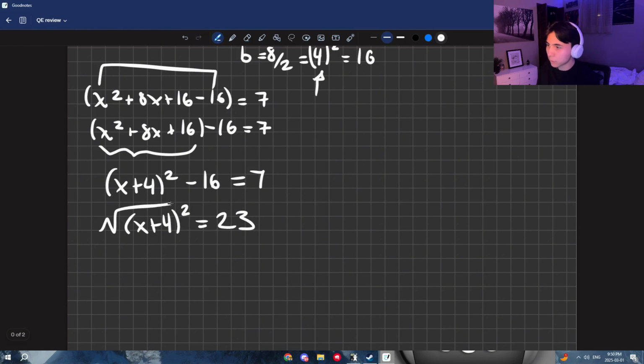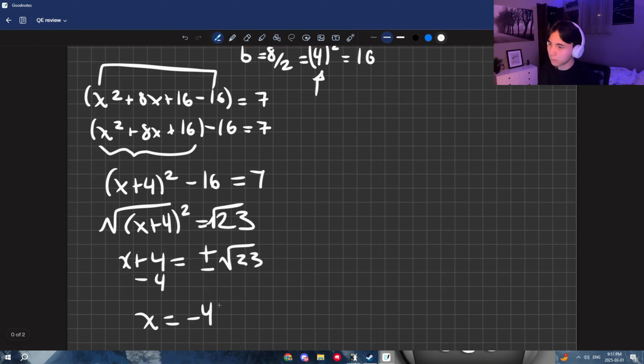You square root both sides, and you should get x plus 4 equals, remember when we're square rooting, we're going to take plus or minus, so plus or minus root 23. And we're going to subtract the 4 out here. So we're going to get x is equal to negative 4 plus or minus root 23.